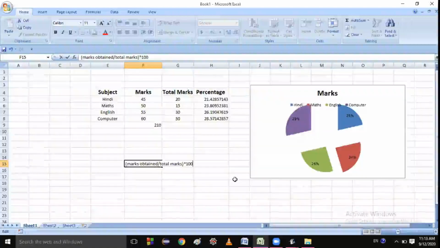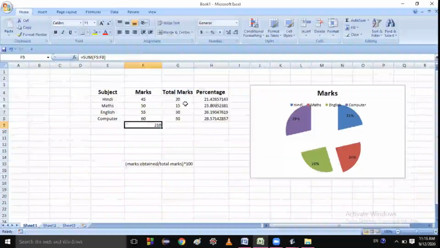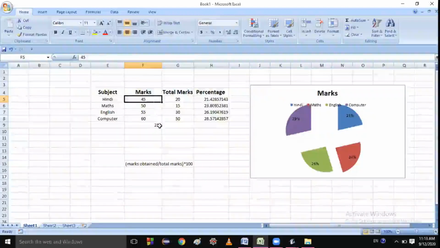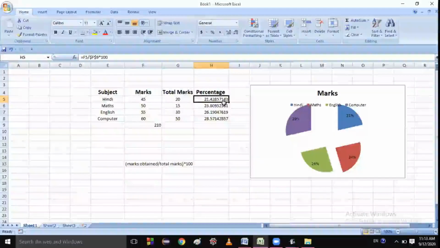Do you know this formula? Marks obtained by total marks multiplied by 100. Do you know? Yes. So I applied this formula over here. I divided each, 45 divided by 200 multiplied by 100. So you will get these numbers 21, 23. These are the percentage values. Is it clear?